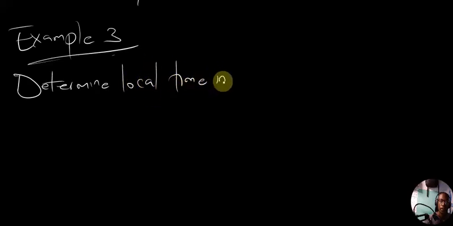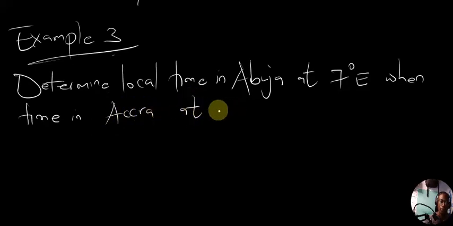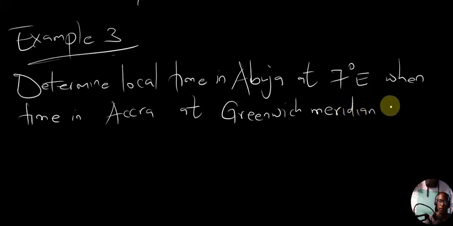Determine the local time in Abuja. Abuja is in Nigeria at 7 degrees east longitude when the time in Accra at the Greenwich meridian is 10 p.m. night.